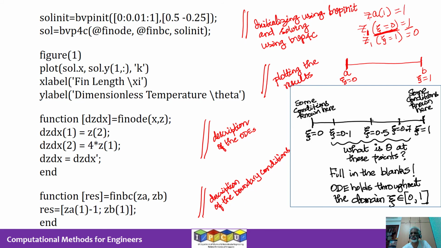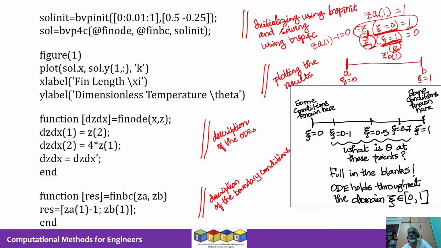So we can write this first thing in Matlab notation as ZA1 minus 1 is equal to 0. That becomes the first boundary condition. Now when you come to the second condition specified in the problem, we are talking about psi equal to 1. Psi equal to 1 means the right boundary, which means label B. So we are still talking about Z1 but at B. So we will write ZB of 1, because it is about psi equal to 1 and the symbol here is 1.